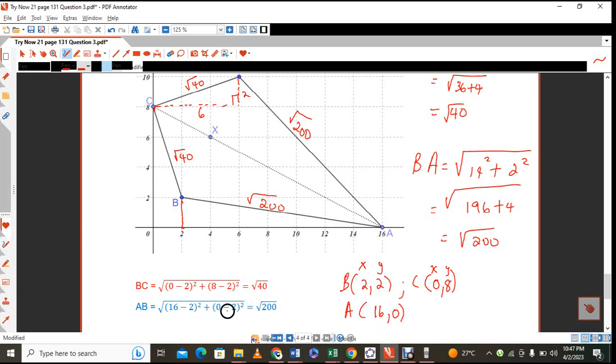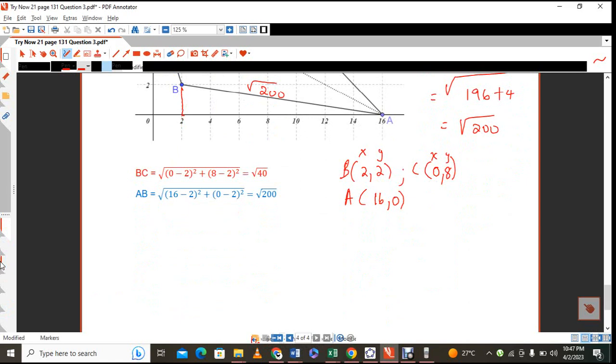So the perimeter, now we are not done. When we're trying to find the perimeter of ABCD, the perimeter is going to be 2 times the square root of 40 plus 2 times the square root of 200.